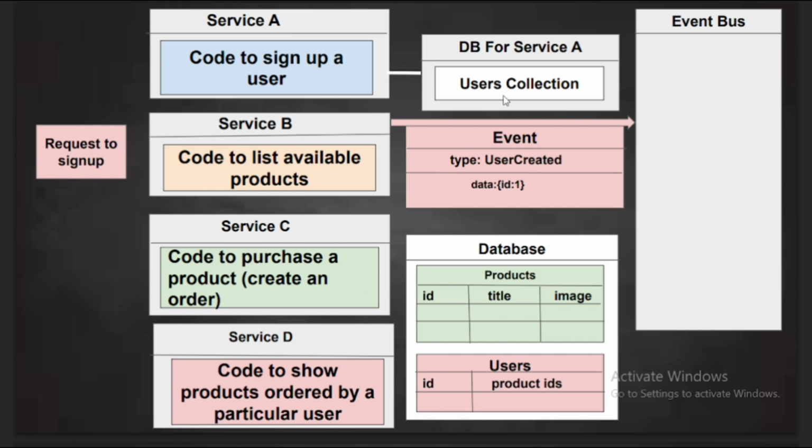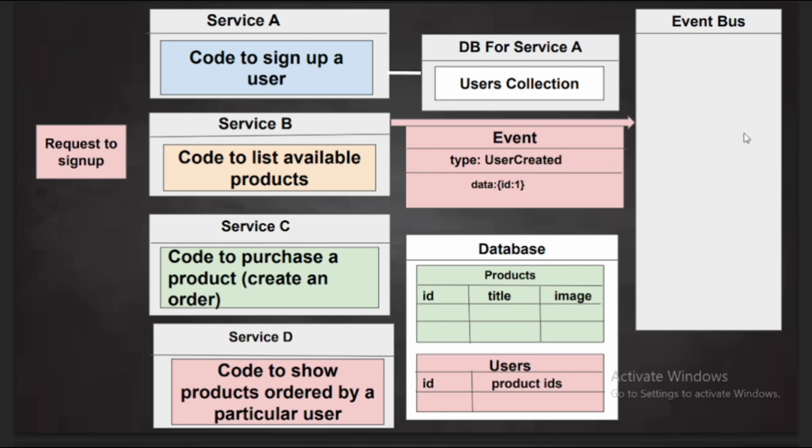So a user comes and signs up to our application. We get a request to sign up and give it to service A. Service A would create a new user inside of its user collection, and then it would emit an event over to this event bus.